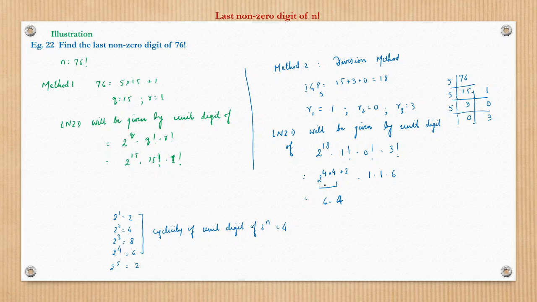We have broken this into two parts, 2 raised to power 4 raised to power 4 into 2 raised to power 2, which we can write separately. So this is 6, this is 4, and this is 6. So here it becomes again 6 here, 36 into 4, 144. So 4 will be the answer here. So the unit digit of 76 factorial is again 4, right? So this is the answer.